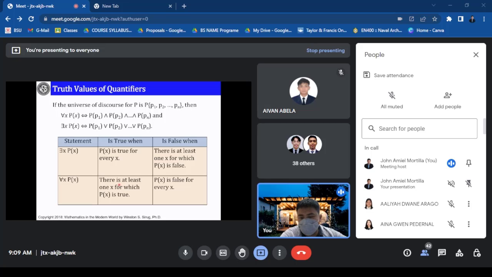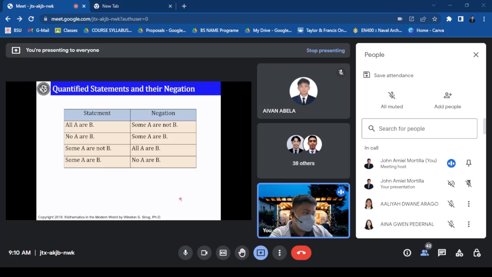Okay, so pagka gumamit naman tayo ng there exists, true siya if there is at least one x for which P of x is true. Pero kapag for every x, pag may isang false, magiging false siya.